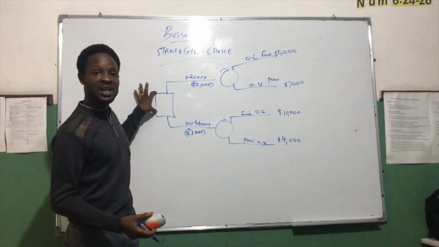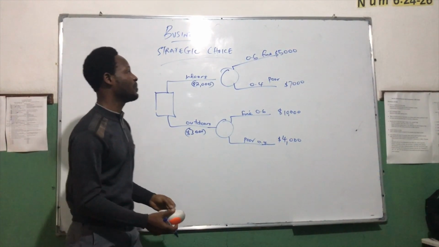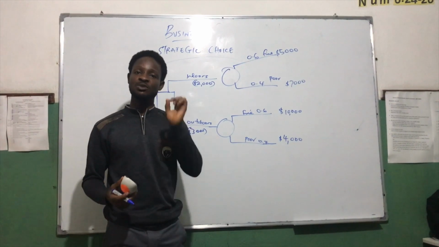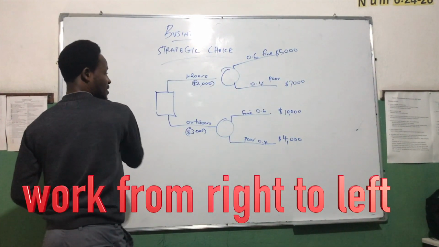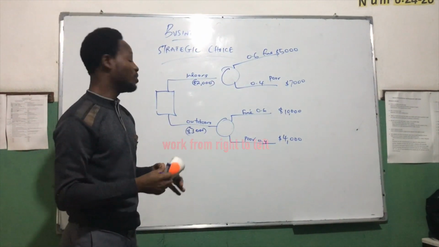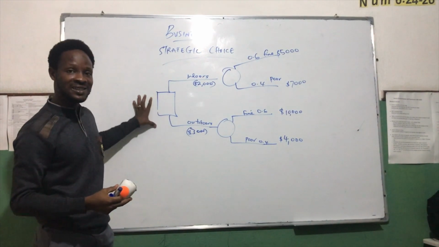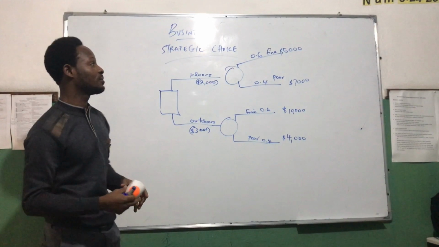At a square, you choose one of the several options that you have. The second thing you must take note of is you work from right to left in a decision tree, because the left-hand side is where you make your decision.